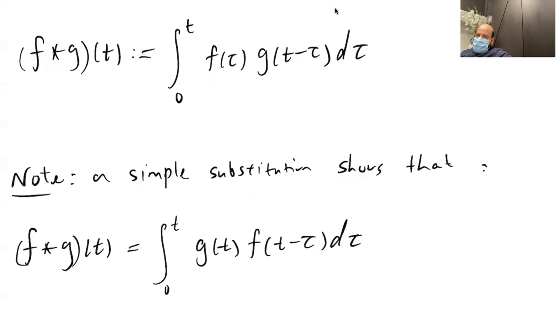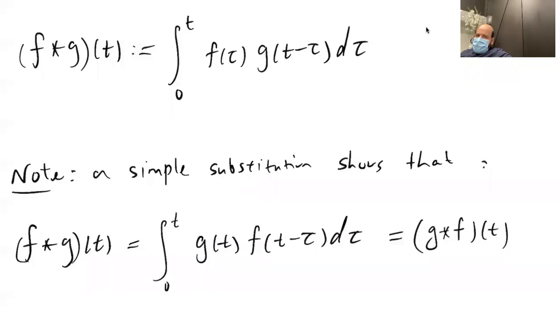Similar to the standard product where f times g is the same as g times f, here also for this certain type of product called convolution, f convolution g is the same as g convolution f. Why? Because it can be easily shown that this integral is the same as this integral.